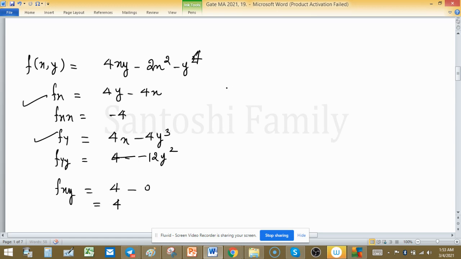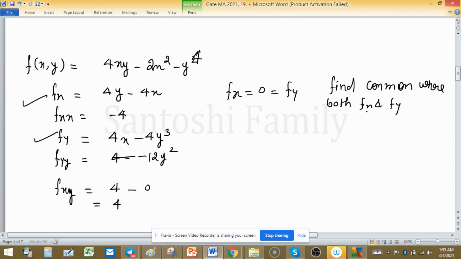To find critical points, put fx equal to 0 and fy equal to 0 and find the common points where both fx and fy are 0.